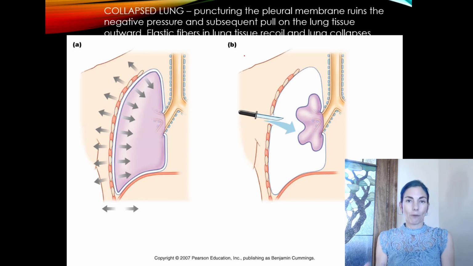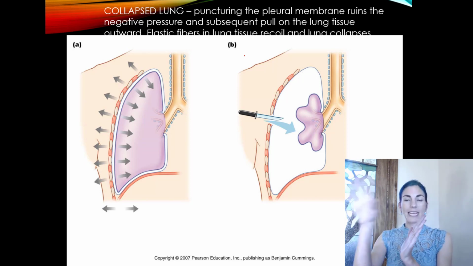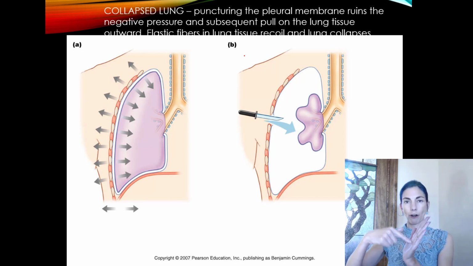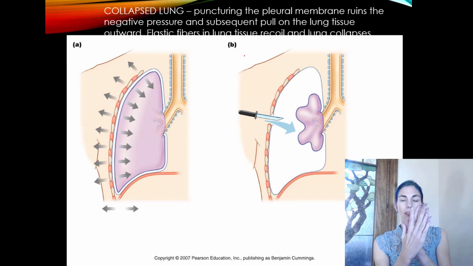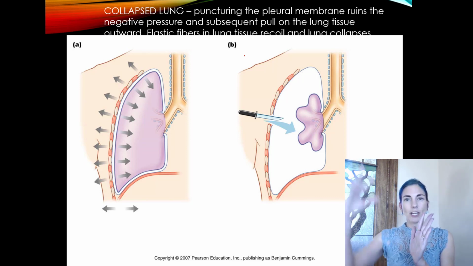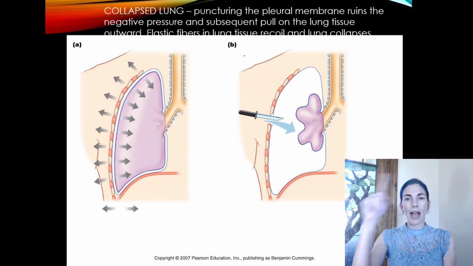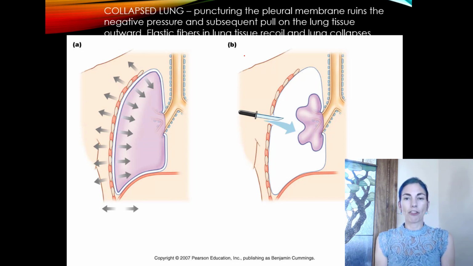Remember, the pleural membranes have a negative pressure in between them relative to the atmosphere. So if I make a puncture and suddenly open that area up to air, well, air moves down its pressure gradient, right? So air is going to come in and separate those membranes. The outer membrane will stay attached to the thoracic wall.